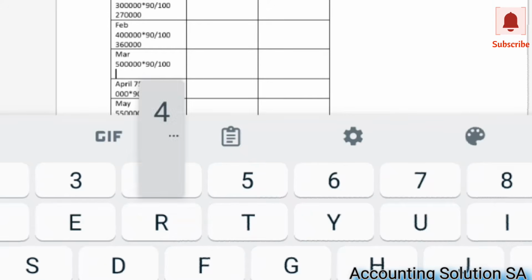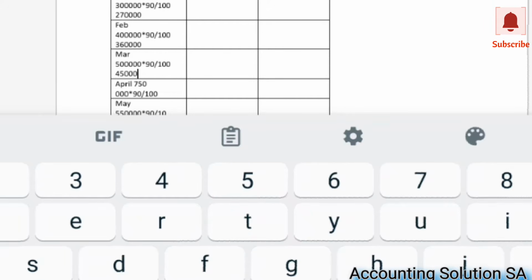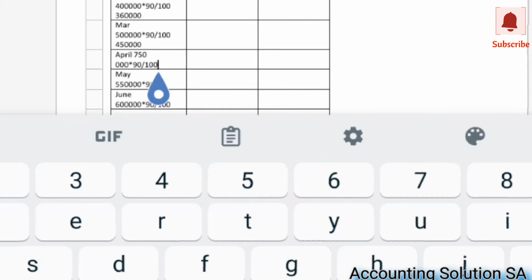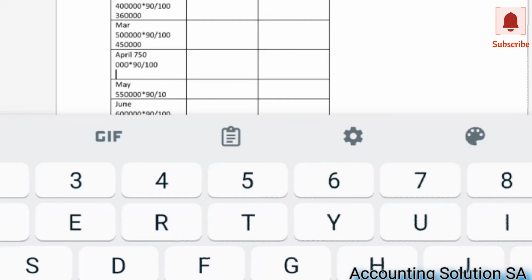it's gonna give us 450,000. Okay, then April is 750, which is going to give us 675,000.